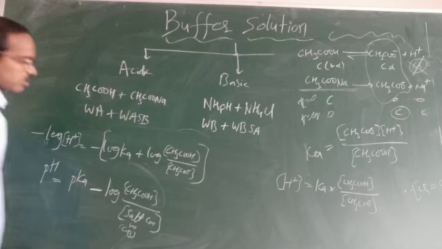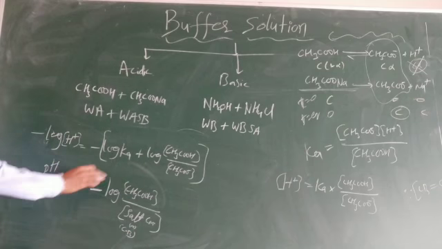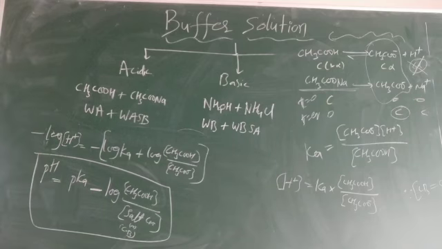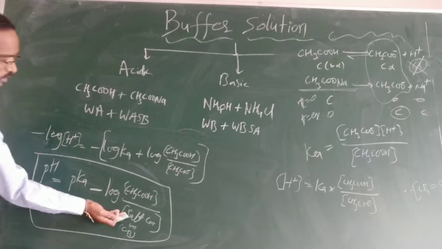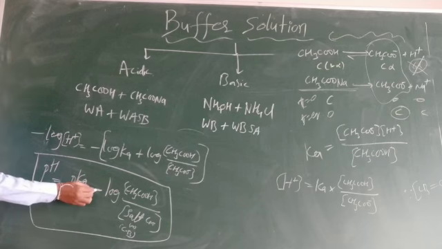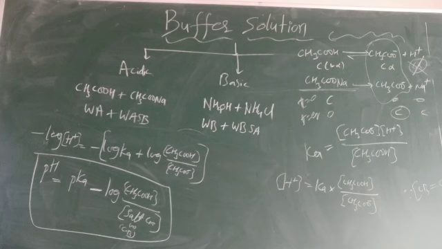The name is conjugate base or acetate, it is all the same. This is the formula. Sometimes you find the formula with salt on top and acetic acid at the bottom; in that case you will get plus. That is the only variation.